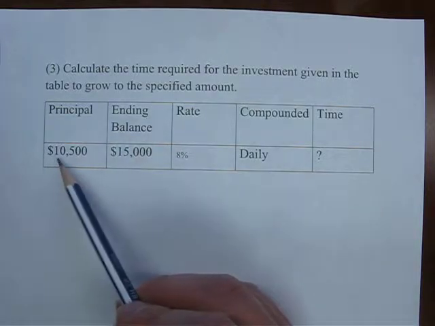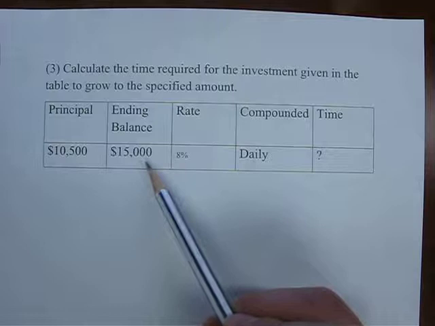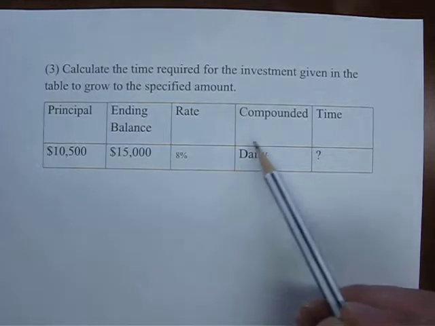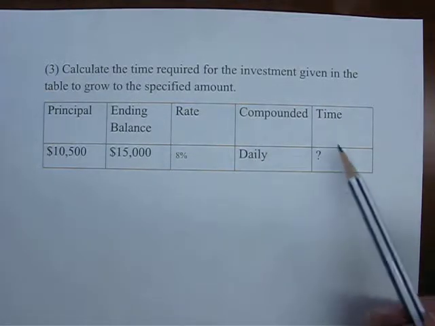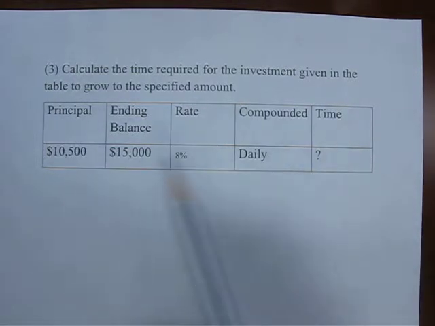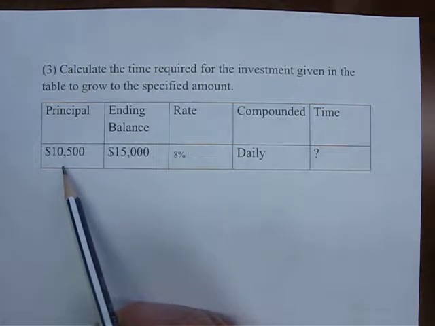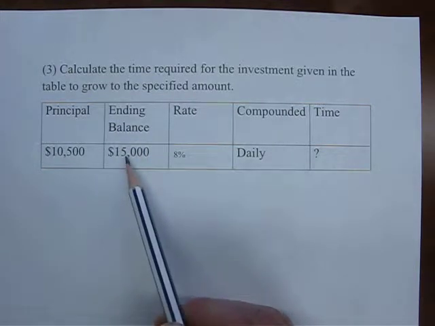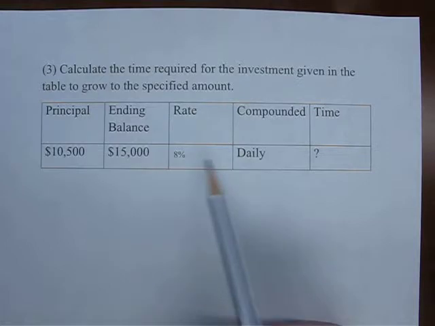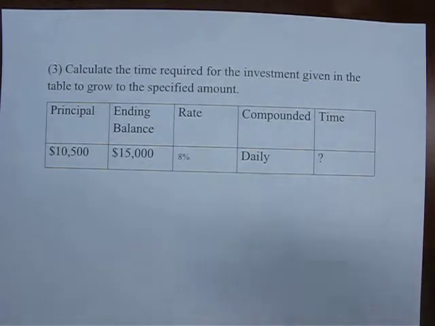So 10,500 grows to 15,000 with an interest rate of 8% daily compounding, but we don't know how long it takes. So that's the question. How long does it take for this initial investment to grow to that amount at this rate and that compounding? We're looking for the time here.